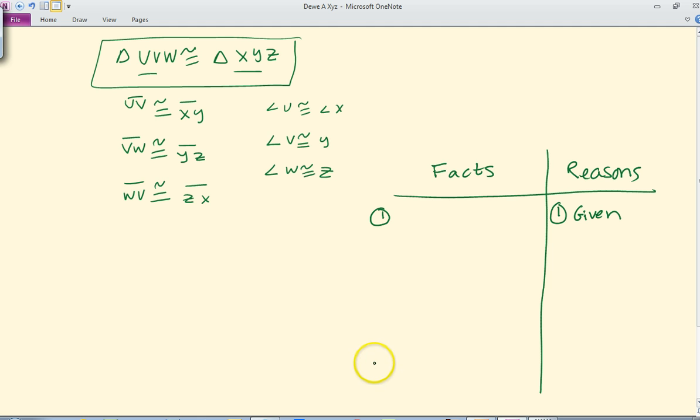And we know that the last fact is always going to be that which we set out to prove. For every fact, there is a reason. So facts and reasons will always line up.